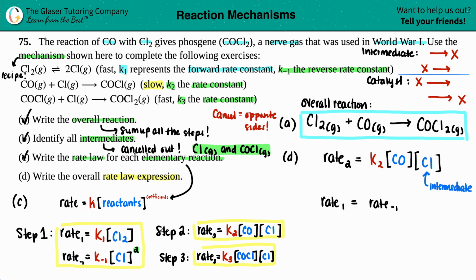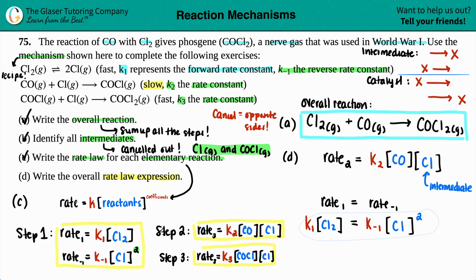So now I'm just going to substitute. Rate 1 is equal to K1, and rate negative 1 is equal to K negative 1, times the concentration of Cl2 and then Cl. This one was squared, and this is now equal, because the rates are equal.